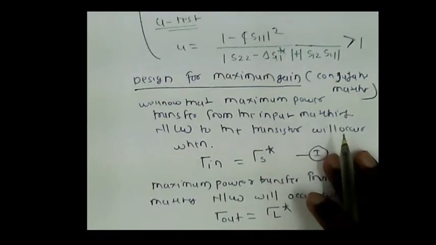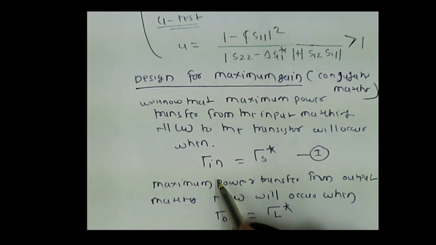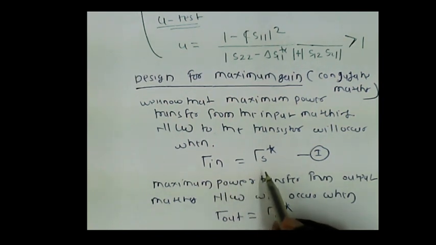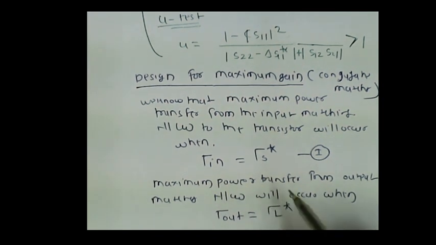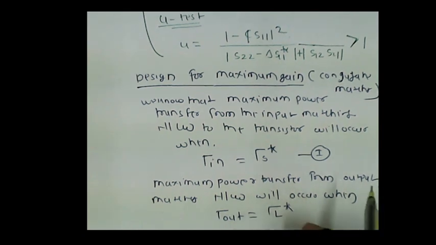For maximum power transfer, the reflection coefficient of the source and the output reflection coefficient are complex conjugates of the load and input circuits.